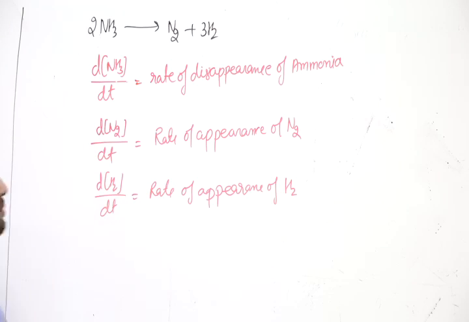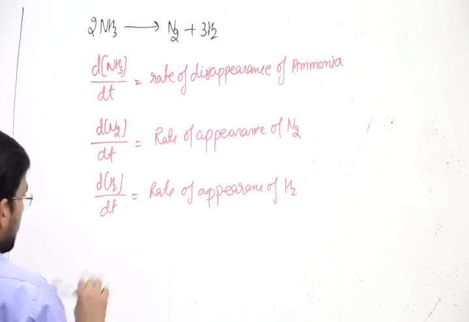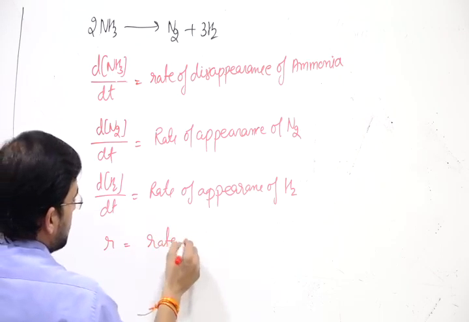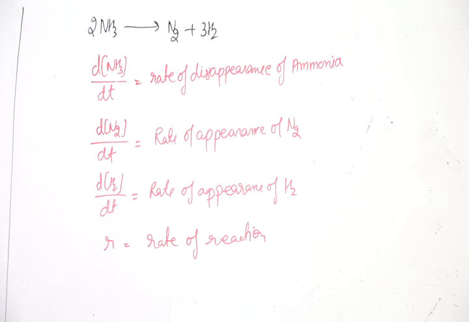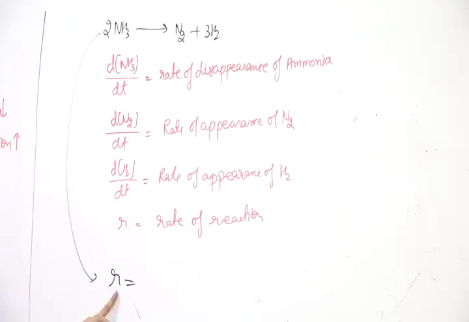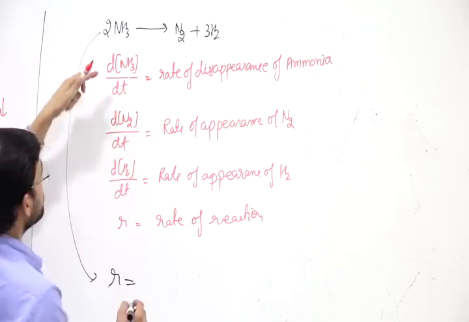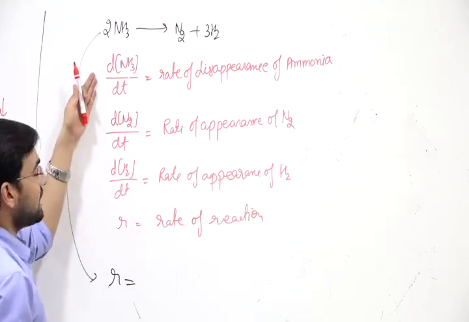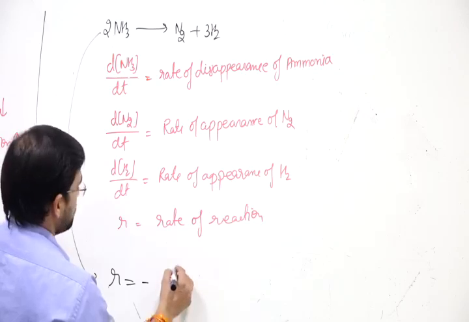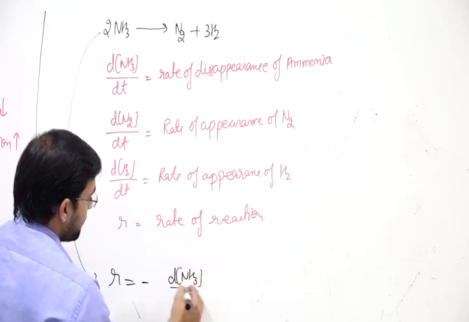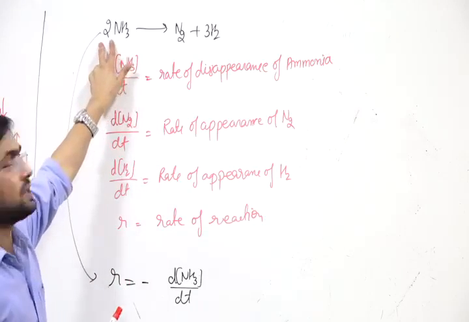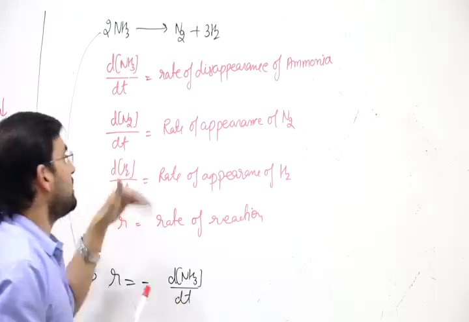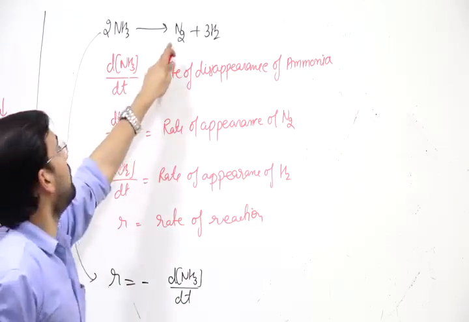Now this is R, named as rate of reaction. How are all four related? This is very critical. R is always a positive value, whereas d of NH3 by dt is negative. To make it positive, I multiply by minus: minus d of NH3 by dt. But 2 moles dissociate to form 1 mole, so they are not directly equal. For 1 mole, you should divide by 2.